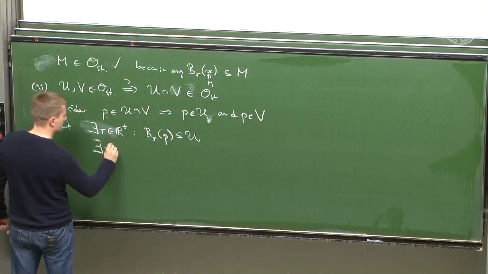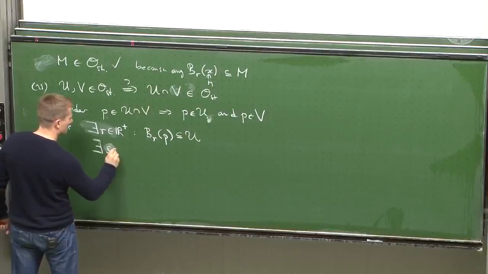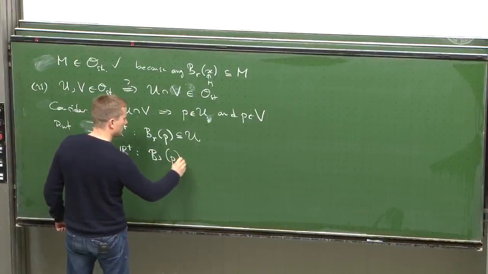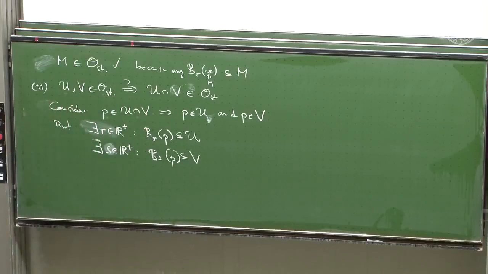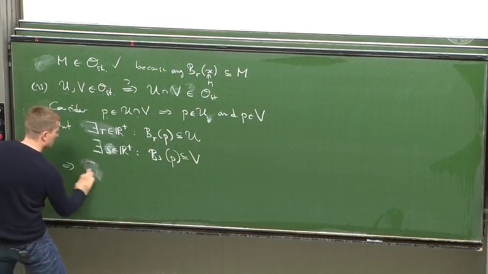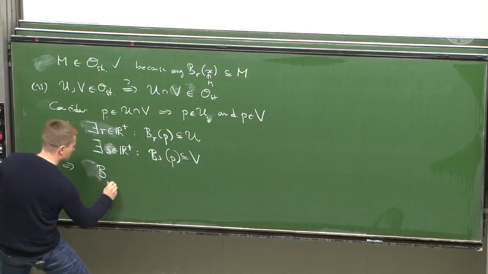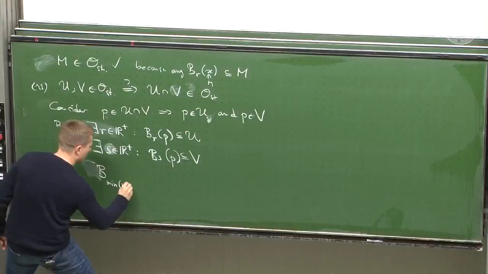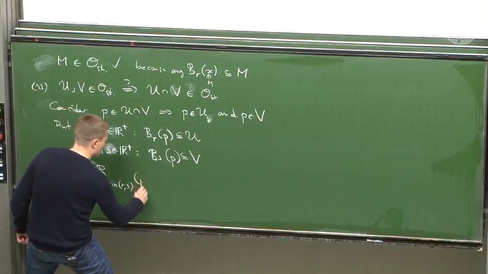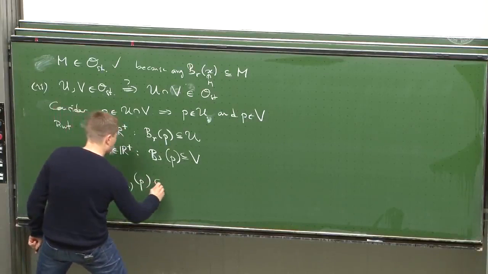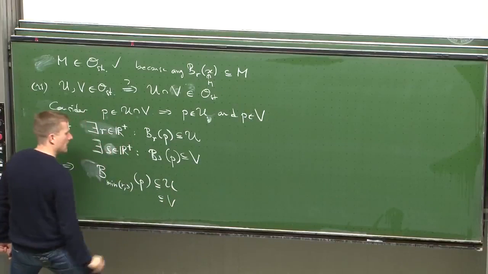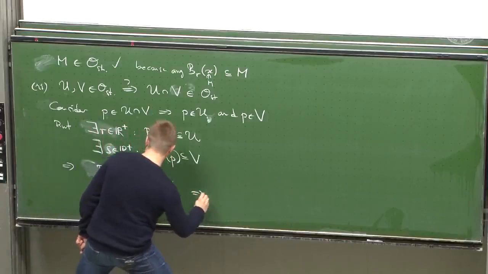But also there exists an R prime, or an S, also a positive real number, such that the ball of radius S around P lies in V, because V is open. But then immediately it's clear that the ball of radius the minimum of R and S, the smaller one, or one of the two if they're equal, around P, lies in both U and V. But that means it lies in the intersection.